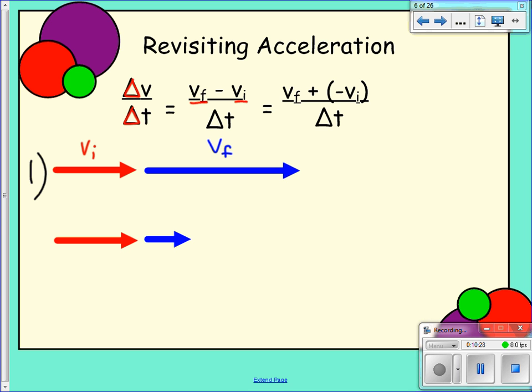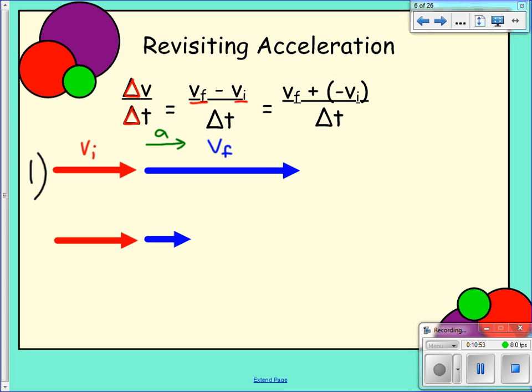So from the image, from red to blue, hopefully you can see that the object is speeding up. I know it's speeding up because the blue vector is longer than the red vector. Okay? And so it's speeding up, and therefore when an object is speeding up, my acceleration vector must point in the same direction as my velocity vector. That's what makes it speed up.